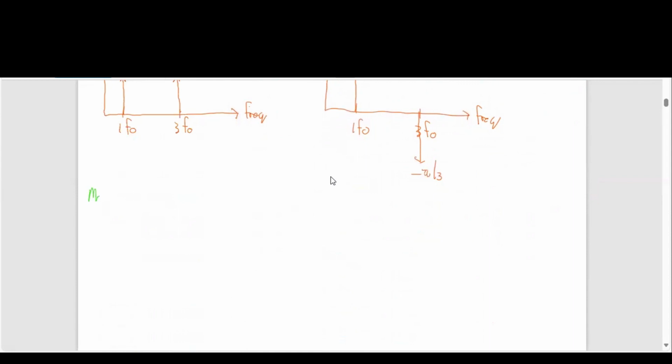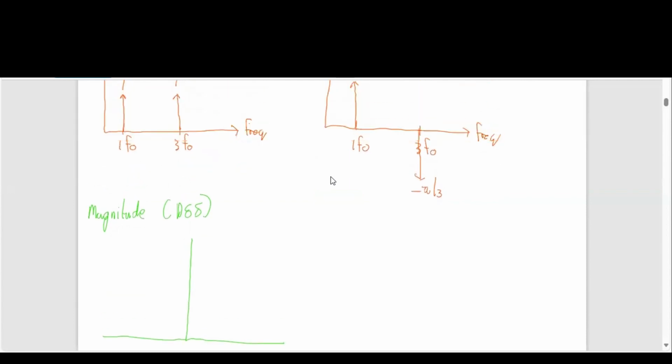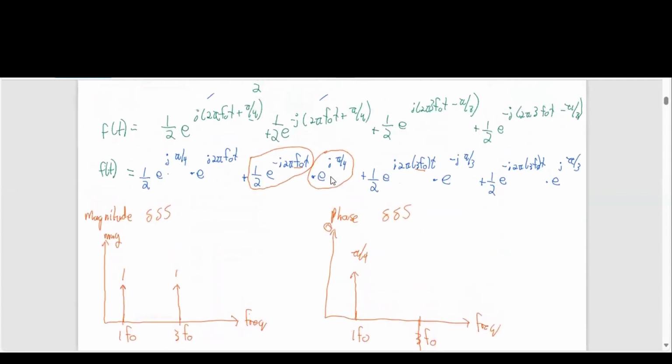So for the magnitude, we have the double-sided spectrum. Because we know it's double-sided, we have a negative and a positive, so we had to leave some space. Alright, so double-sided comes from the exponential, right?